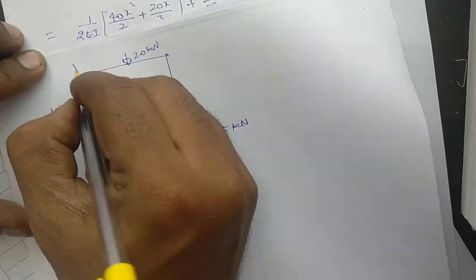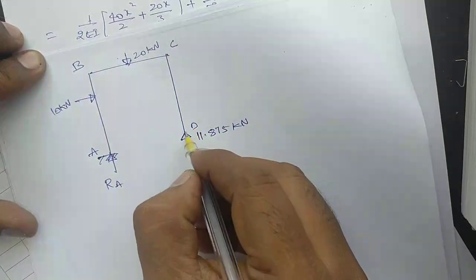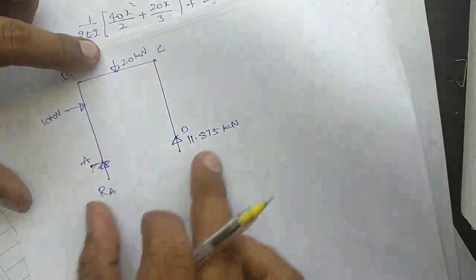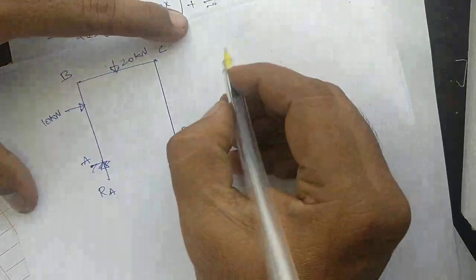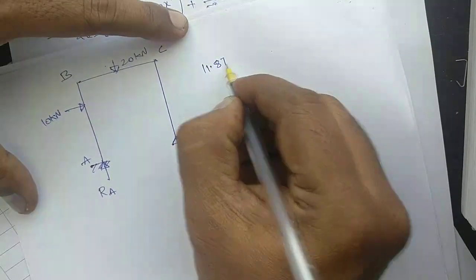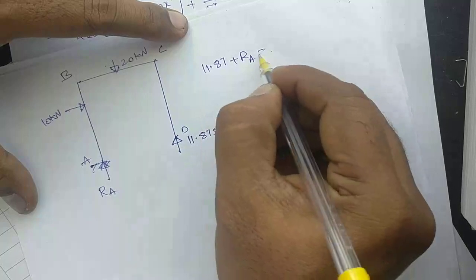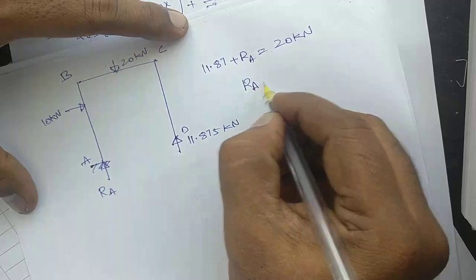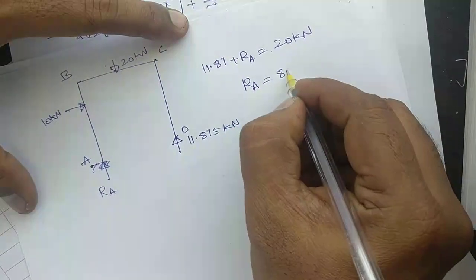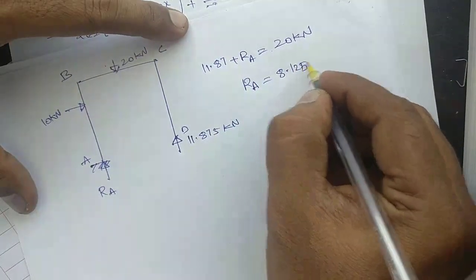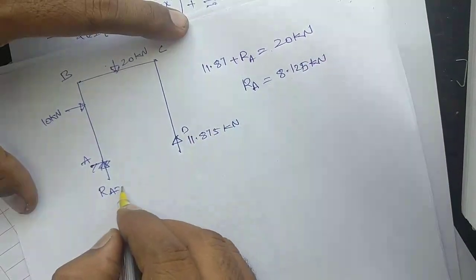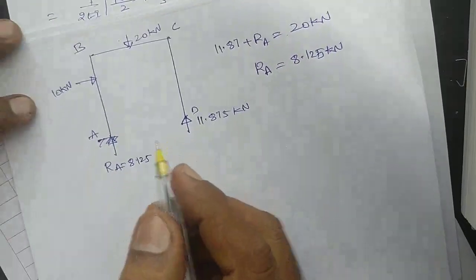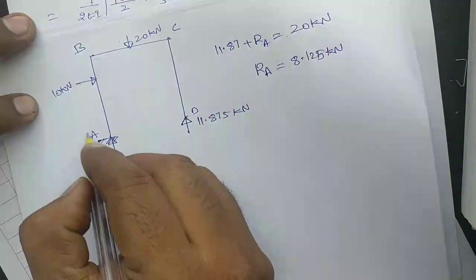This is A, B, C, D. So upward force is equal to downward force. So 11.87 plus RA is equal to 20 kilonewtons. That implies RA will become 8.125 kilonewtons.